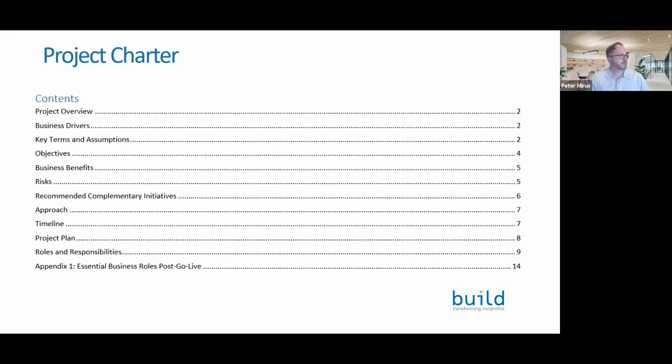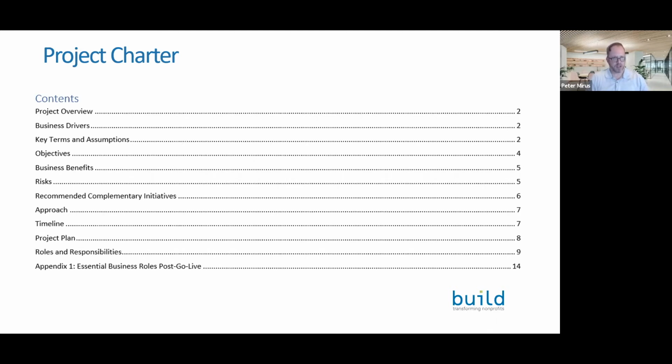projects. But in general, what you want to make sure is give the context, make sure that everybody's on the same page in terms of what the project is supposed to achieve, what its business drivers are. We mentioned those earlier. Just make sure everyone's on the same page in terms of terminology and assumptions, highlight the objectives for the project and the business benefits, and then really start talking about risks.